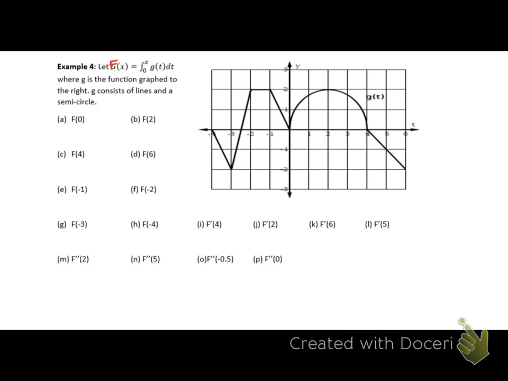So we have g of t to the right. So when we find F of 0, we're just finding the area from 0 to 0, right? The integral from 0 to 0, which is 0. Now we're going to find the area from 0 to 2. So if this is a semicircle and the area of a semicircle is pi r squared, and our r is 2 because that's this distance, and it's actually a quarter of it.